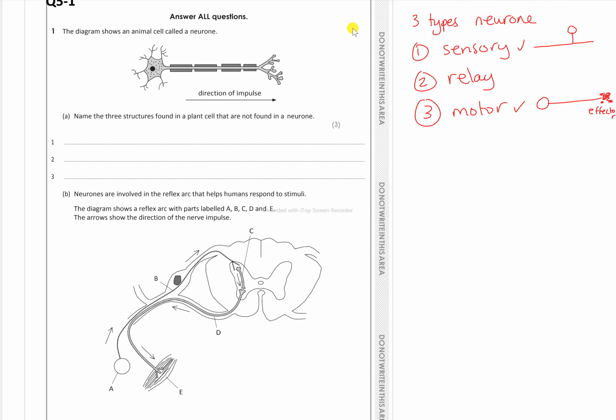Okay, so I just wanted to clarify that. Let me just go through this. Good revision. That cover is called the myelin sheath. I can't even spell sheath, or myelin.